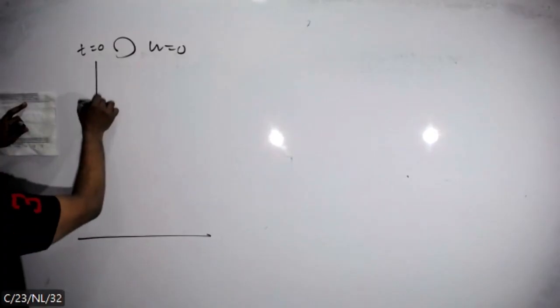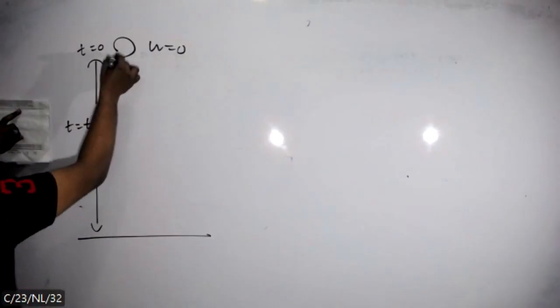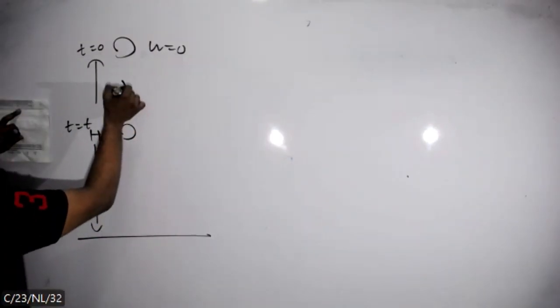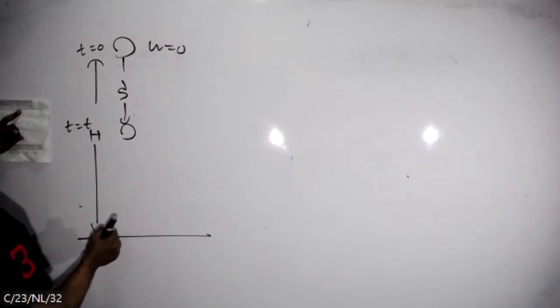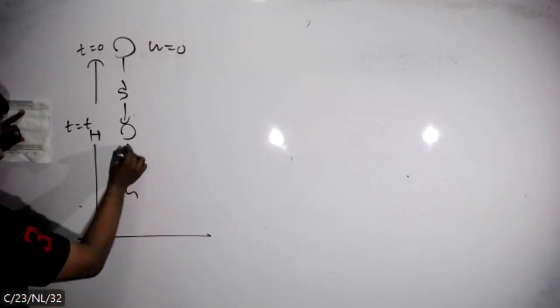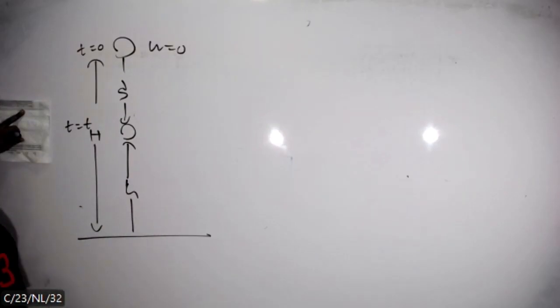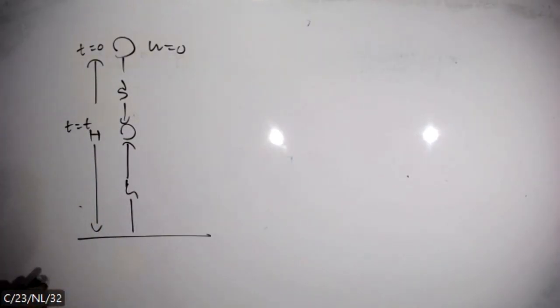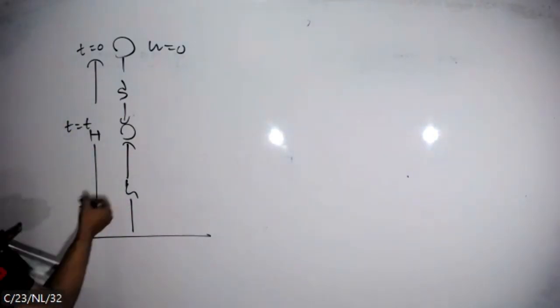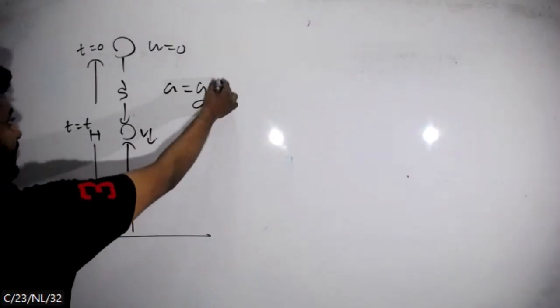Initial height capital H. During simple t time interval, the displacement acquired by the object is s and the height is h. Height is measured from the ground, no? Which graph best represents it? You need to obtain the variation between h and t. Velocity v dash. Acceleration, gravitational acceleration g.